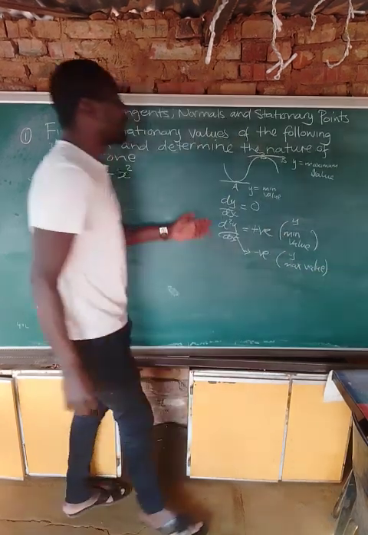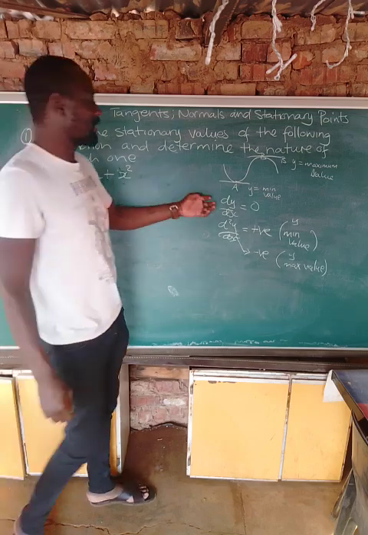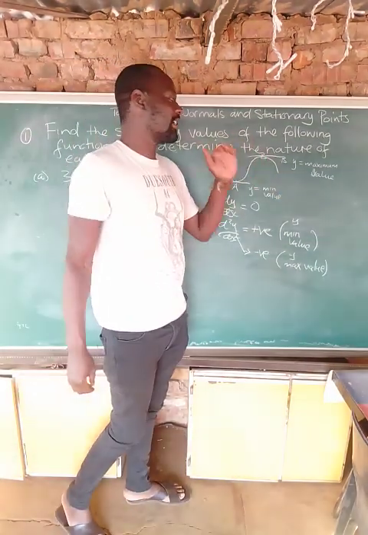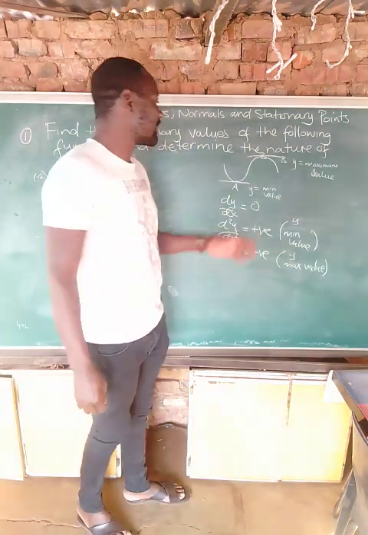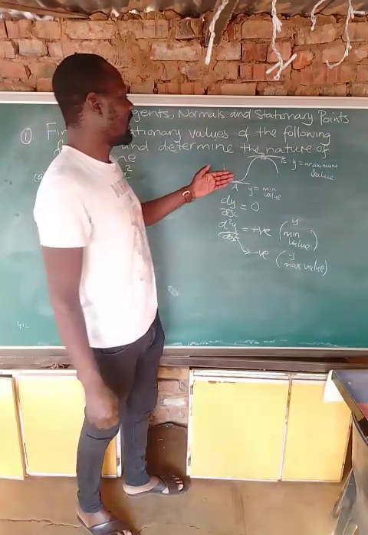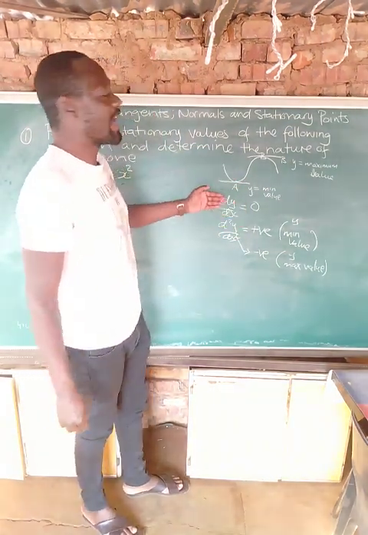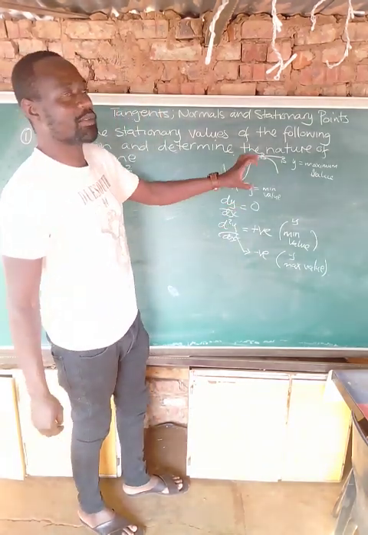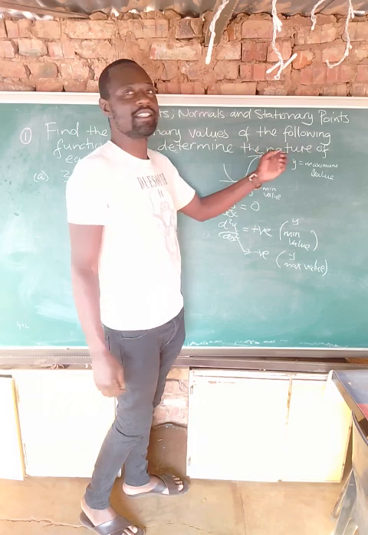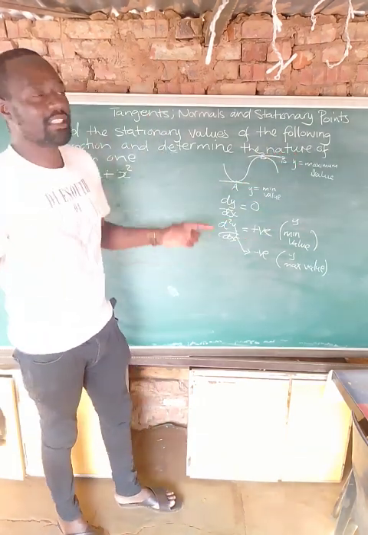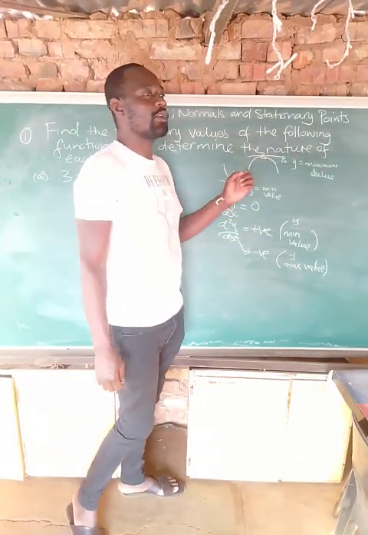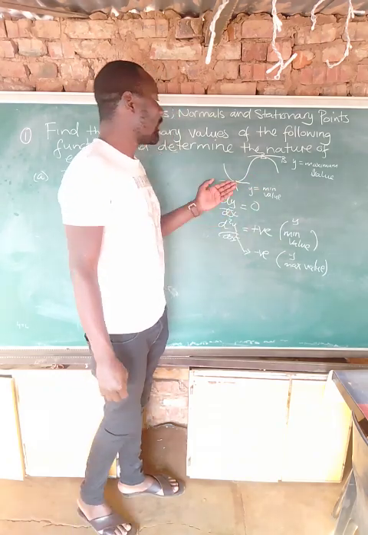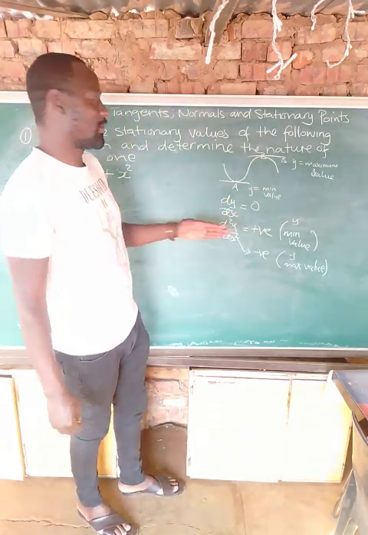So when you want to locate the stationary points, first things first, we need to find the first derivative so that we can equate it to 0, because the gradient is always 0, since the tangent to that curve is always parallel to the x-axis, or horizontal.